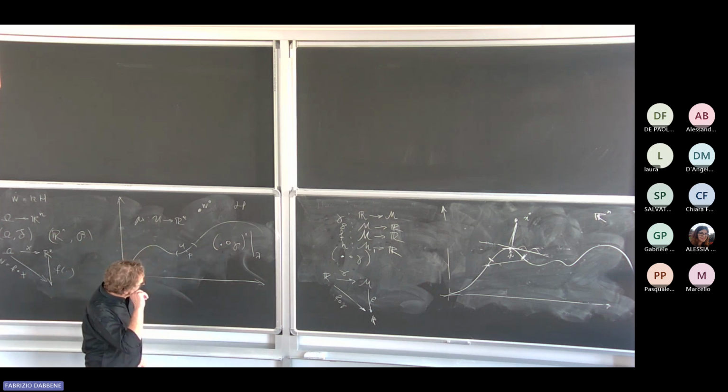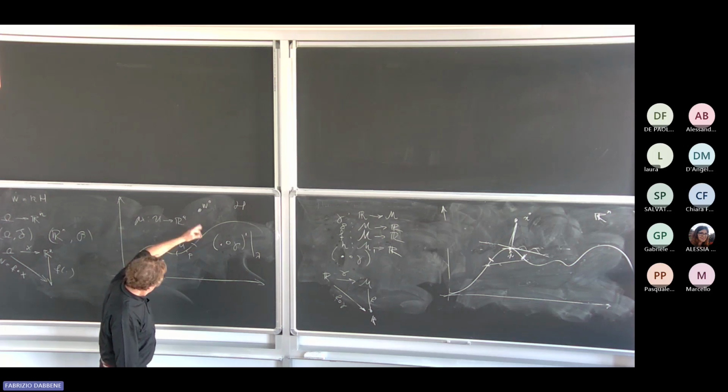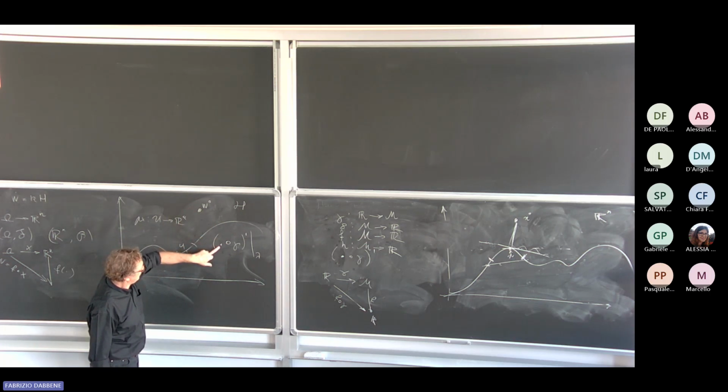Okay, I will not make things too complicated, I hope. But the point is, I can use the same construction here. And if I use the same construction here, I can build a directional derivative with respect to some generic function.